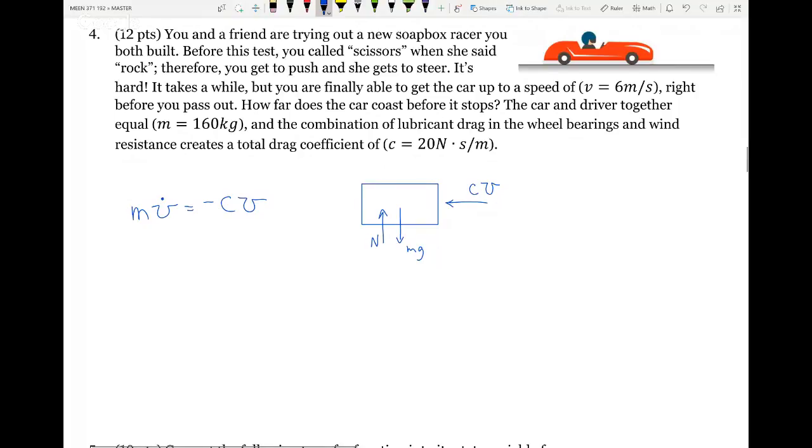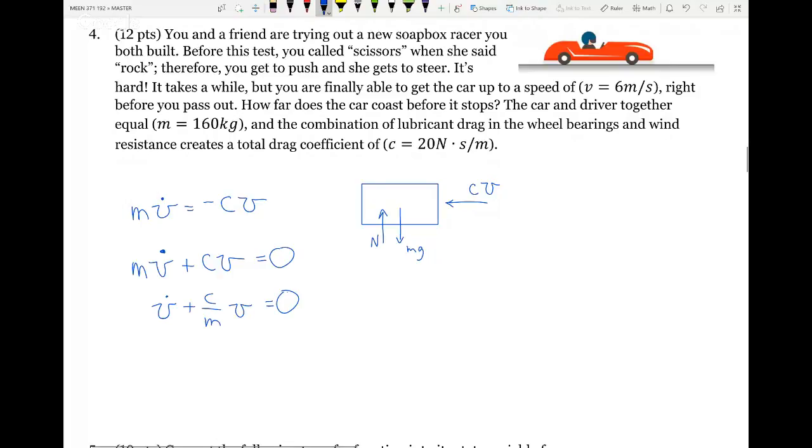So we can take these and put this in the standard form: M v dot plus CV equals 0. We can take it one step further. V dot plus C over M times V equals 0.